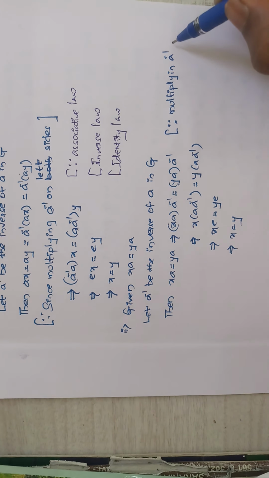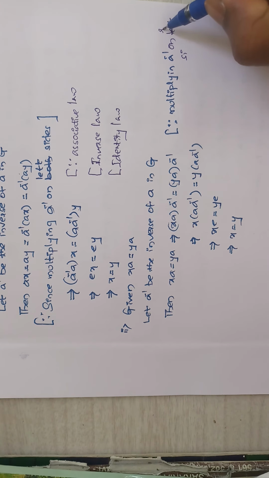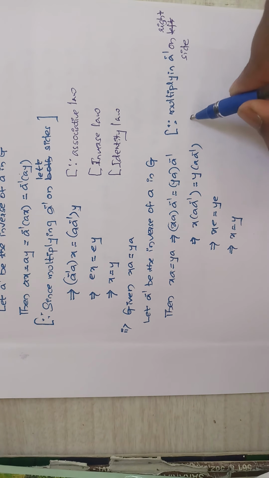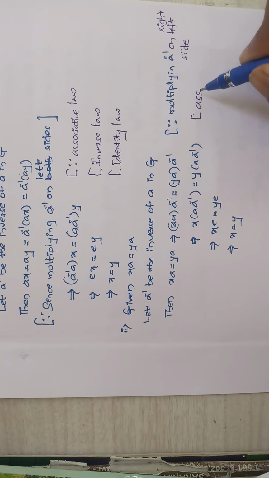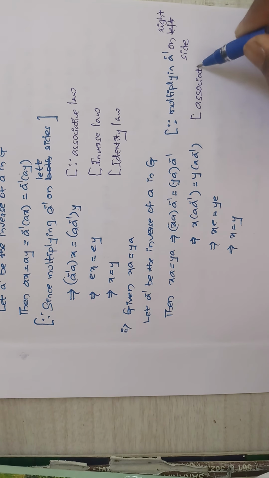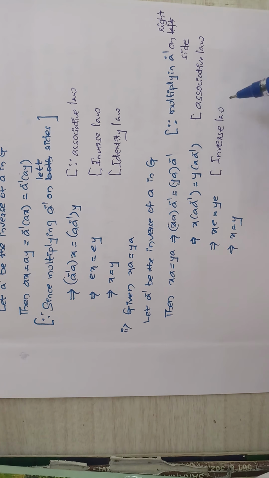Using the associative law, I can write this as x into a a inverse. Using the inverse law, I can write a into a inverse as E. Using the identity law, I can write x into E is equal to x.